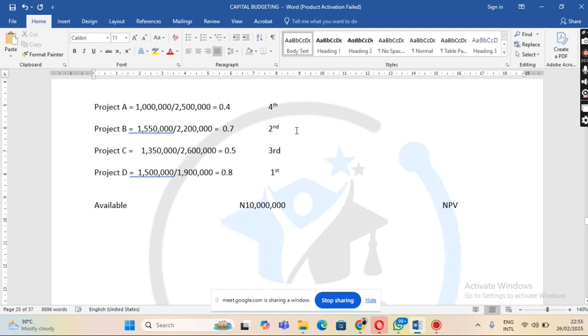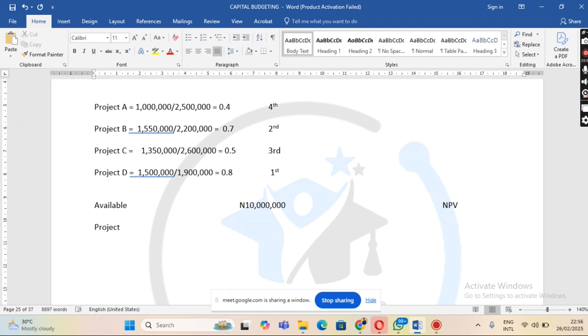Mutually exclusive means that when you execute one, you can leave the other one because they serve the same purpose. Now, project D, based on our ranking. So are we now allocating for project E, since they said it's strategically important?